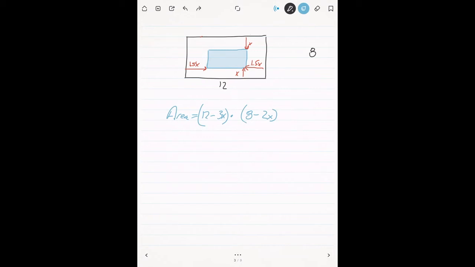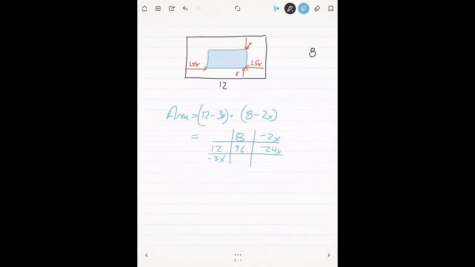So let's go ahead and multiply this out. Let's try the box method for this. Let's see, 8 and a negative 2x. And then over here, 12 and a negative 3x. So let's multiply this all out. 8 times 12 is 96. 12 times negative 2x is negative 24x.